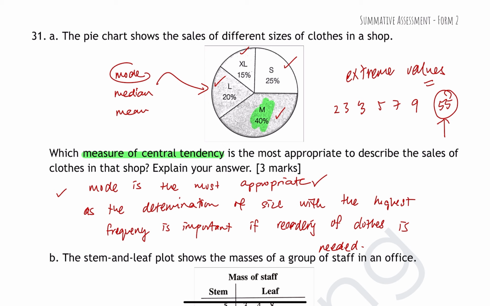Right? So for the explanation part, you can just use your own words to let your teachers know what you need to explain. So again, in this case, mode, we are prioritizing the data with the highest frequency. Okay, and normally we refer to your sales and those things.